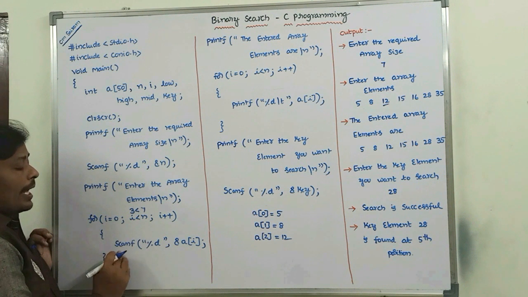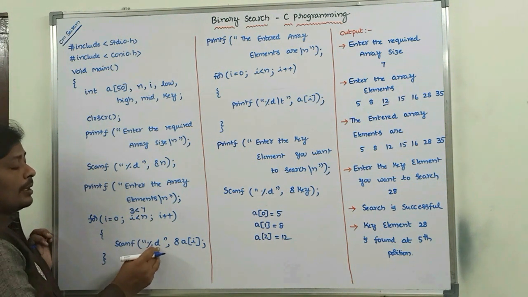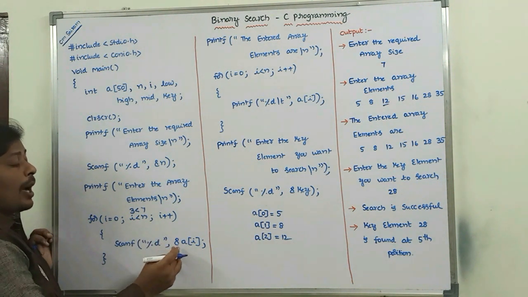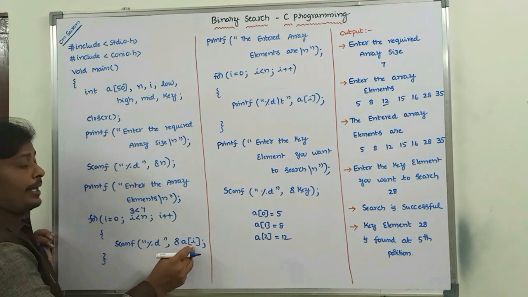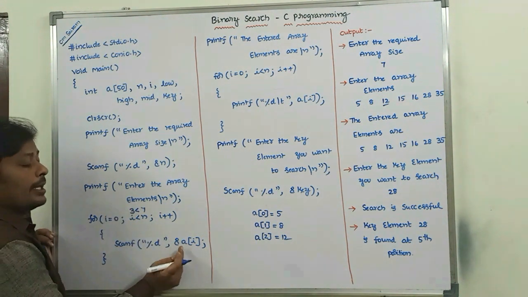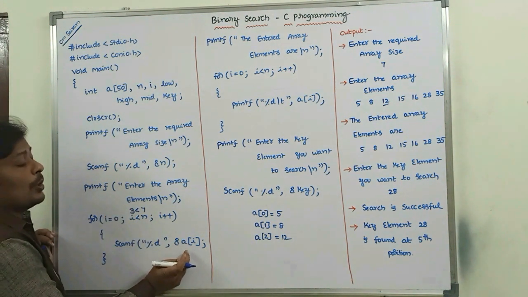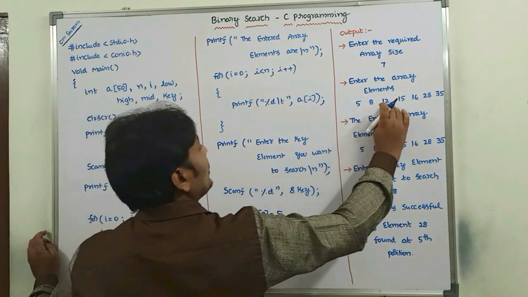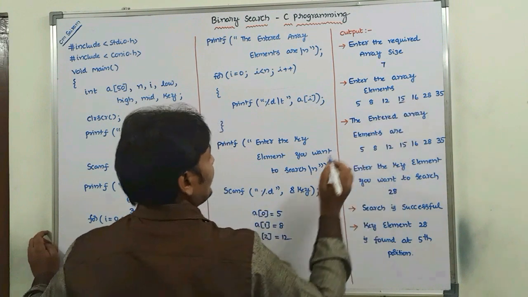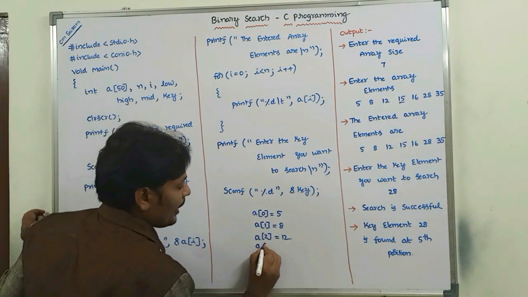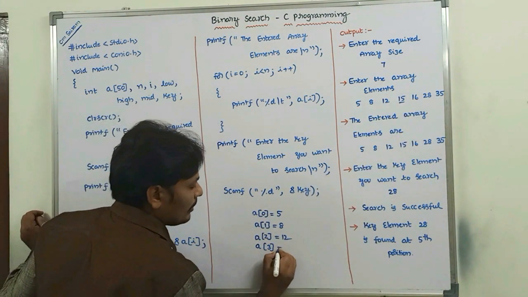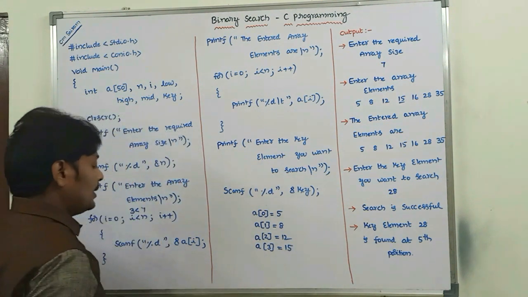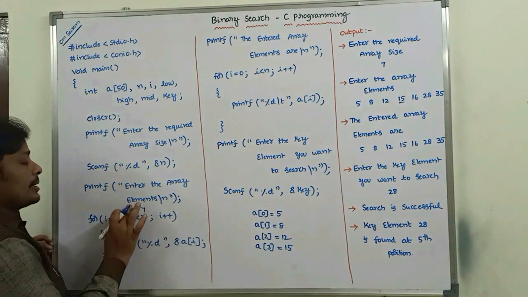scanf("%d", &a[i]). What is the value of i? 3. So the a[3] value is read from the keyboard by using the scanf function, that is 15. So a[3] is equal to 15. Next, i is incremented.